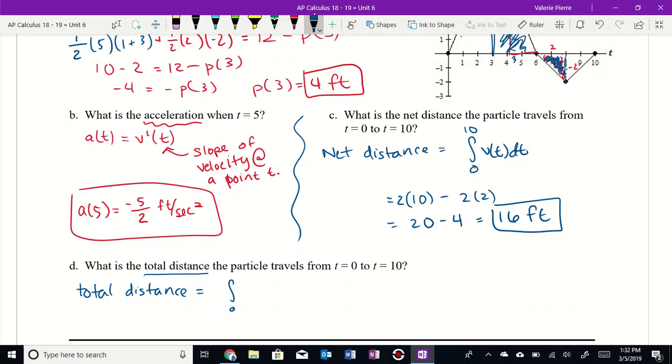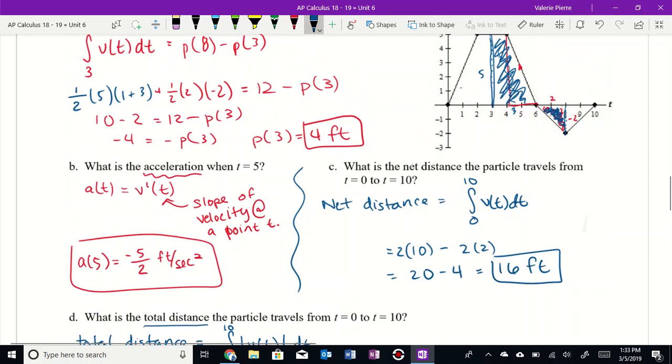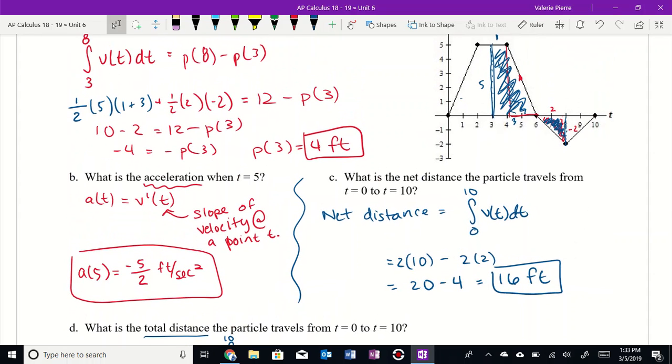So we want the definite integral from 0 to 10 of the absolute value of v of t dt. Okay, so when we say that, that means that everything that's below the x-axis, so everything that was negative, we want to absolute value that and make it positive. So if we look closely, that means that we are taking all the negative stuff and bringing it above the x-axis. So this area of negative 4 is now going to become a positive 4.